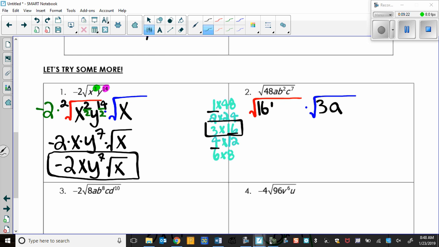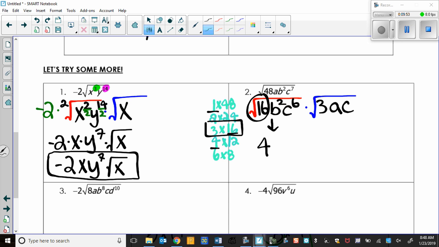b to the 2nd will go in the left-hand side. And then c to the 7th, remember we can split these up if it's a high enough odd number. So c to the 7th, if I split it up, I'll have c to the 6th on the left-hand side, and the remainder c will be on the right. So now what I'm going to do is simplify this radical. Square root of 16 is going to be 4.